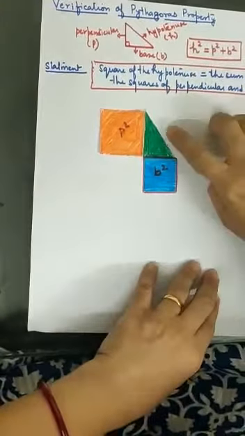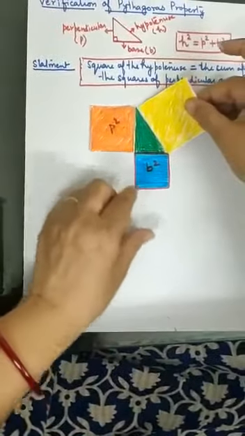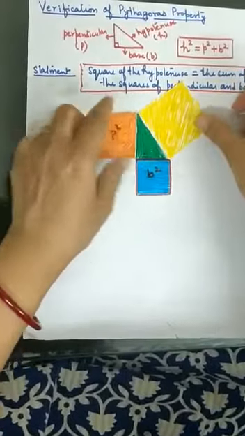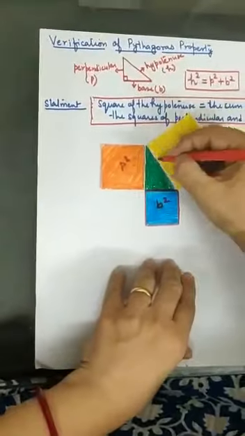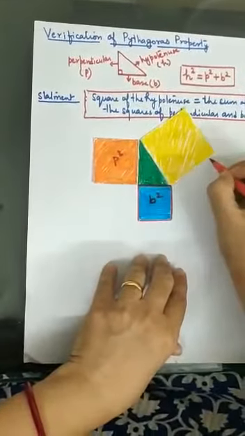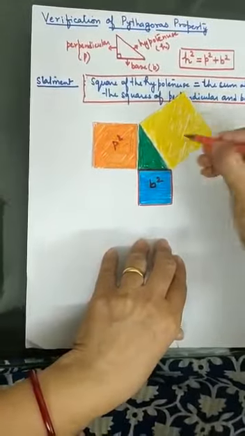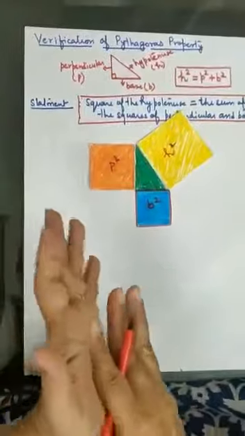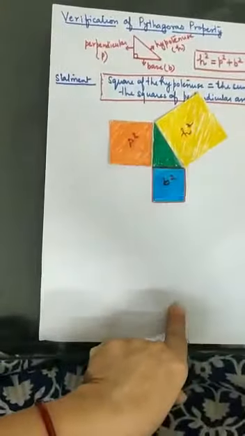Now place the third square here on the hypotenuse. All right. So this hypotenuse was H. So this side is also H, this is also H, this is also H because it is a square. So area of this square is H square. Okay. Now what we have to show is that H square is equal to P square plus B square.